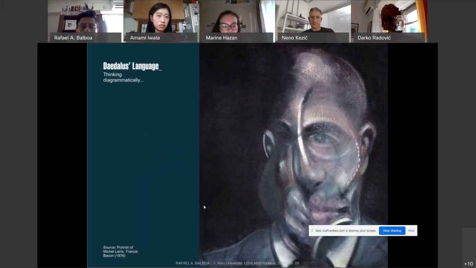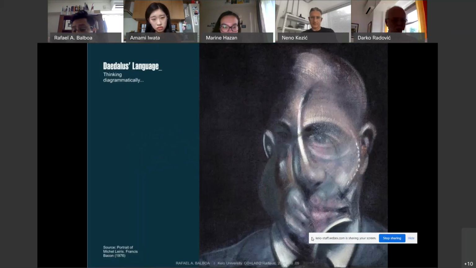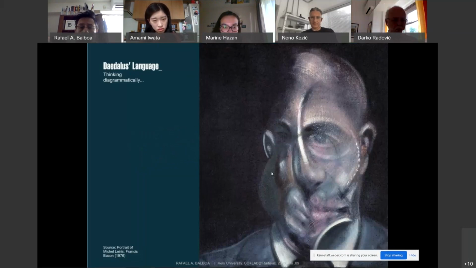This is an example of how Bacon was creating. This is a face, but it's not a face at the same time. It's a representation of a face, but you cannot see the diagram, because I think this is what I would call a reverse diagram. The way Bacon makes diagrams is at the beginning of the process, and at the end he erases them with the painting.